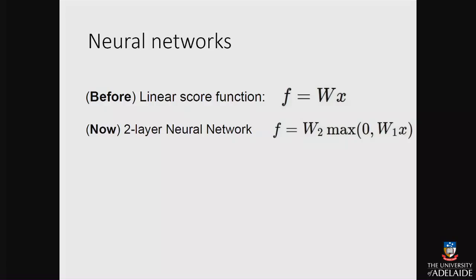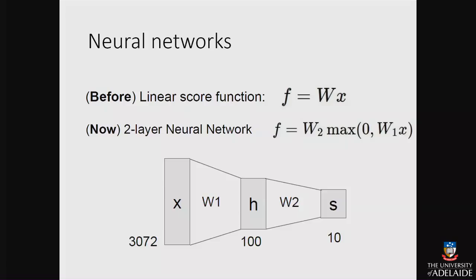So as you can see, this is the simplest 2-layer neural network. We have one linear function, one nonlinear function, and another linear function, right? Max here is a nonlinear operation. In this case, besides the input x and the output s, as in a linear classifier, we have one more middle state, h.